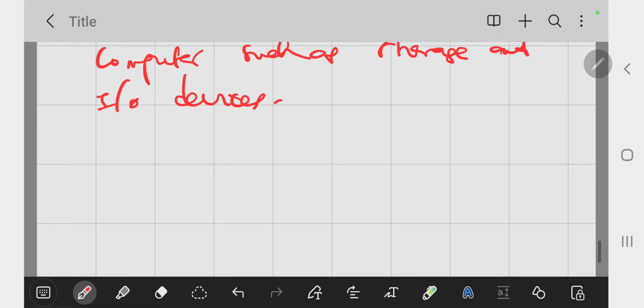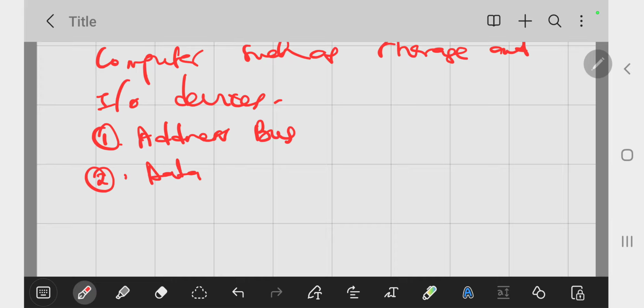So now for the purpose of this particular course, we find the need to look at three important CPU buses. Number one, we need to understand what an address bus is, then secondly, what a data bus is, and lastly, what a control bus is.